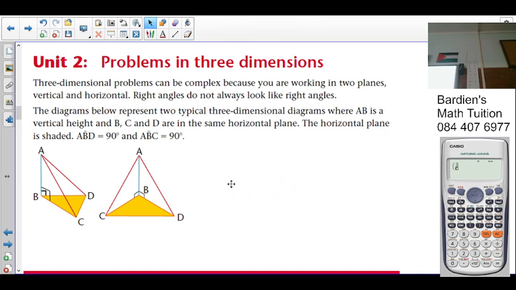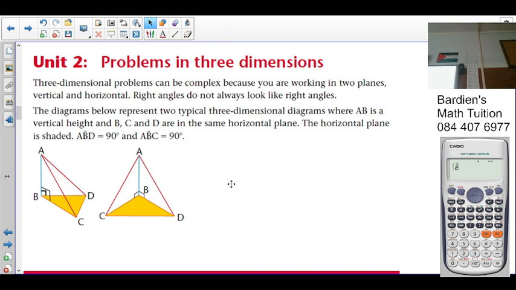The diagrams below represent 2 typical 3-dimensional diagrams where AB is a vertical height, and BCD are on the same horizontal plane. Okay? The horizontal plane is shaded. It's normally shaded, or we look at the horizontal plane as what is on the ground, basically.